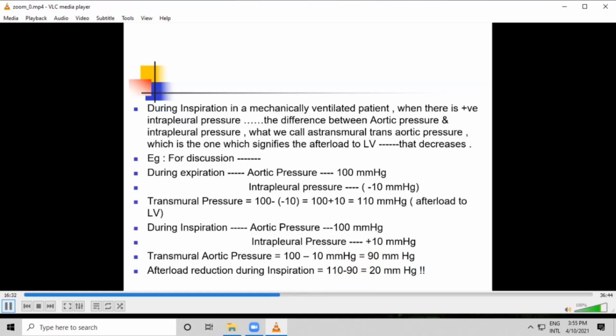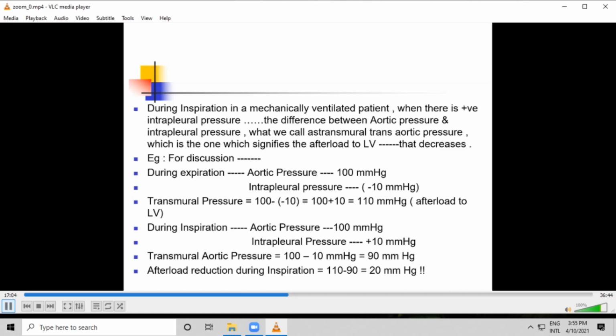What happens during inspiration? In a mechanically ventilated patient, when there is positive intrapleural pressure, the difference between the aortic pressure and the intrapleural pressure, what we call the transmural transaortic pressure, which signifies the afterload to LV, decreases. It decreases during inspiration and increases during expiration.